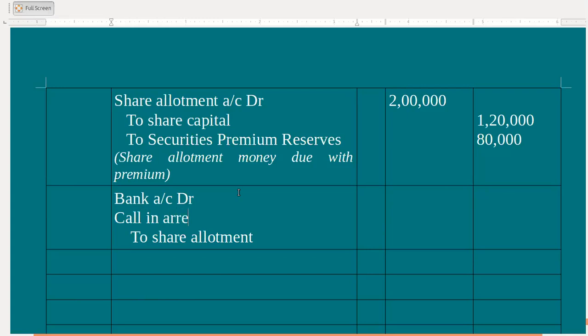Calls in arrears account. Now here we have some adjustment. What is the actual allotment money due?